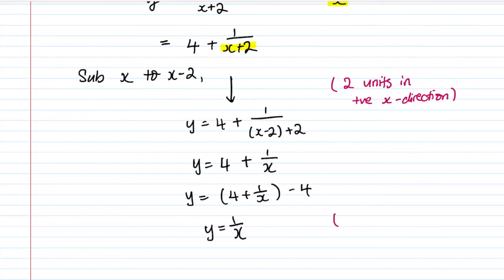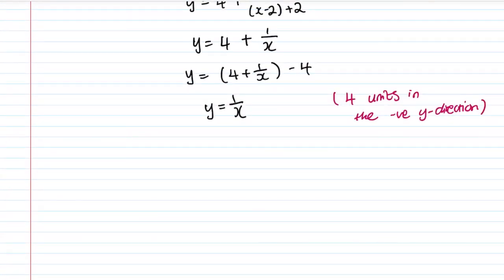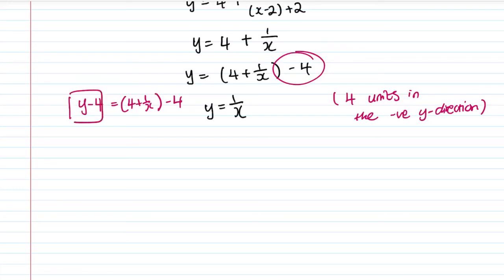It means that you are going to translate again by 4 units in the negative y direction, because you need to take y minus 4 equals 4 plus 1 over x minus 4. So this was the transformation, y minus 4.